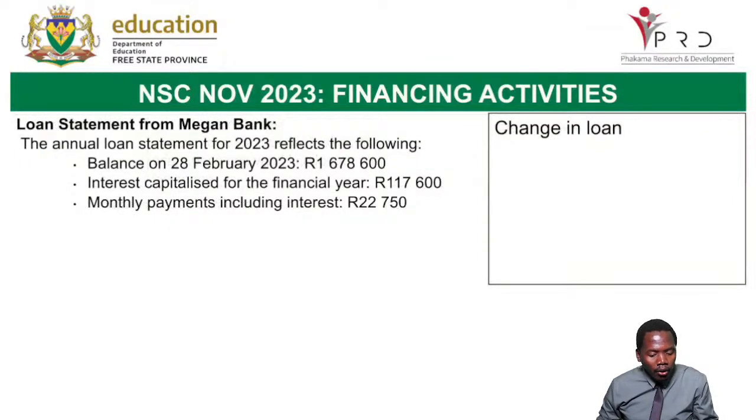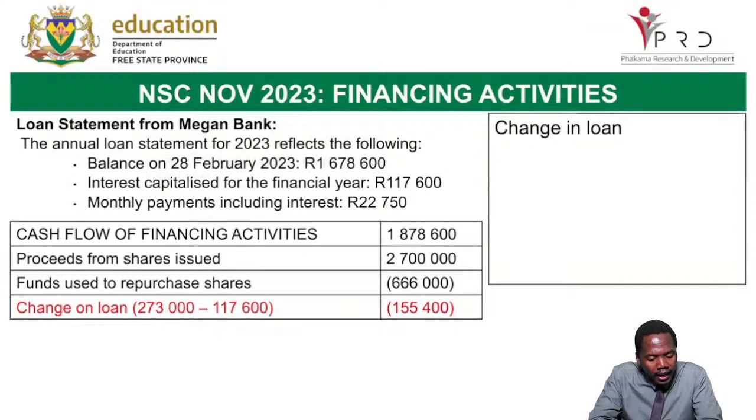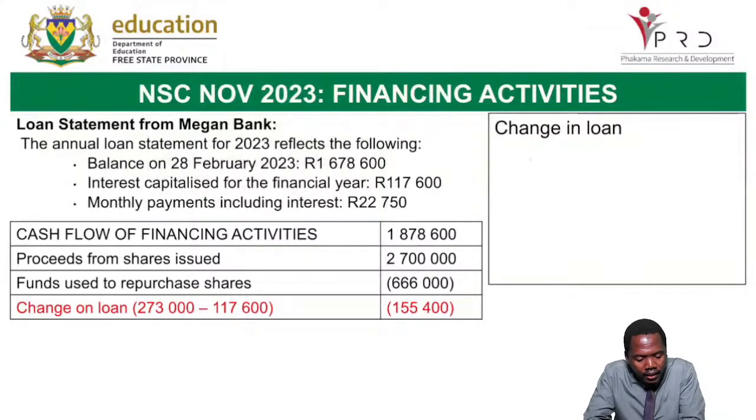And then change in loan. For the change in loan now, we are given the information balance at the beginning. There are two ways of doing this. We can use the installments minus the interest. We are going to look at this just now. So we can take the 273,000.